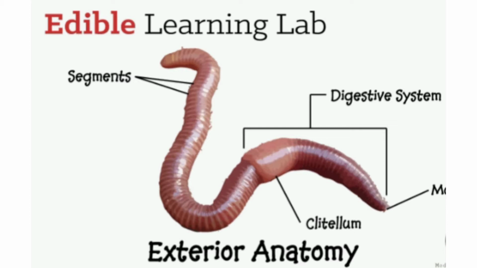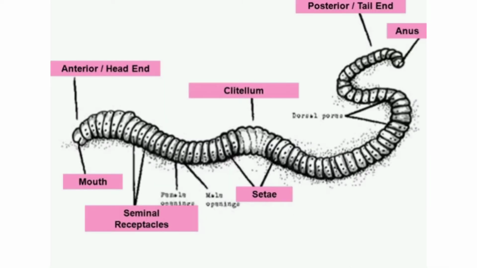Each segment has a number of setae or very small bristles that earthworms use to help them grip the soil as they move. Earthworm has tiny little hairs sticking out underneath its body. The earthworm uses these bristles called setae to cling to the ground as it moves.